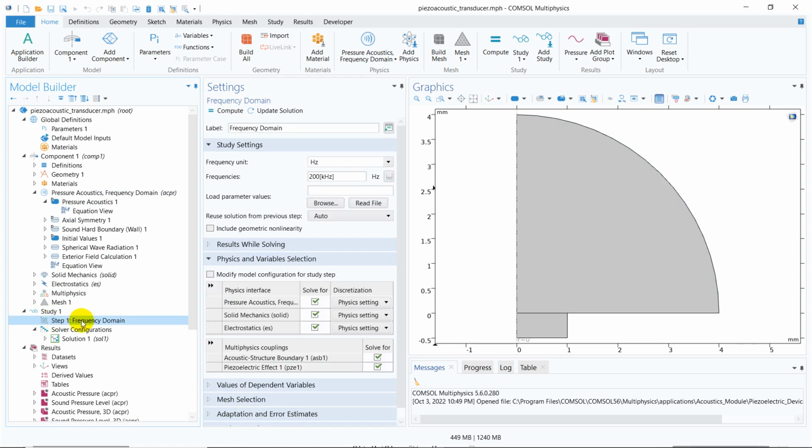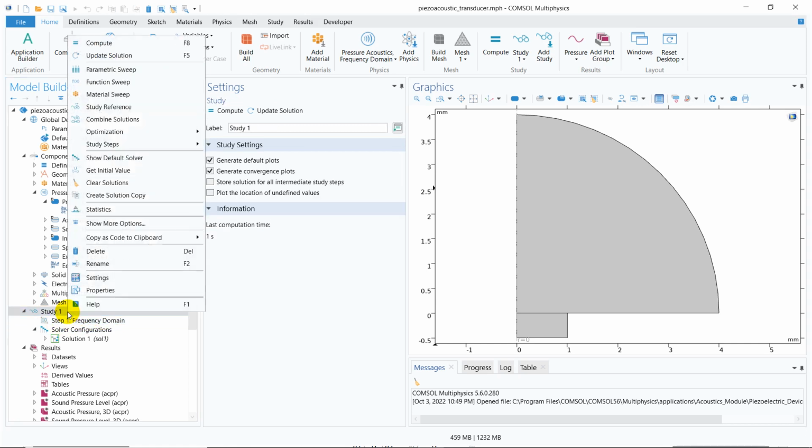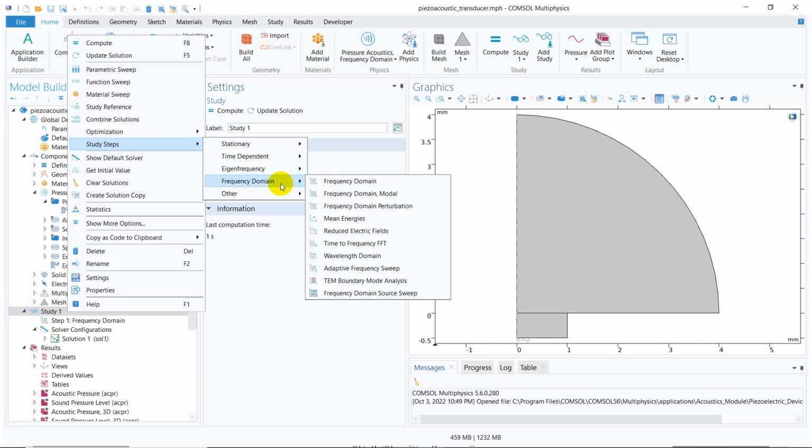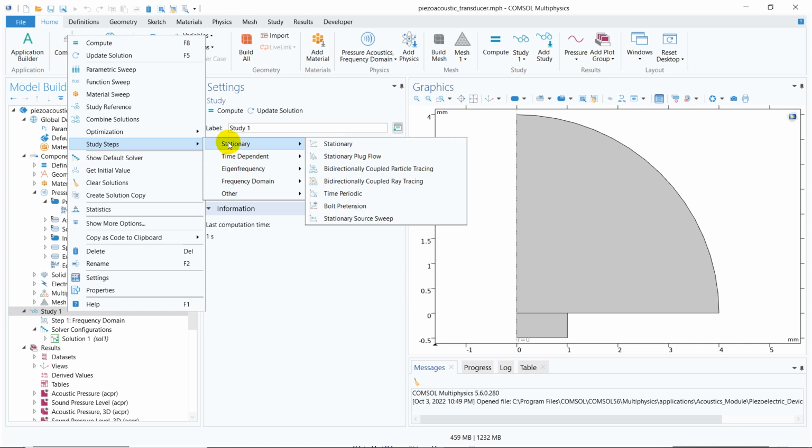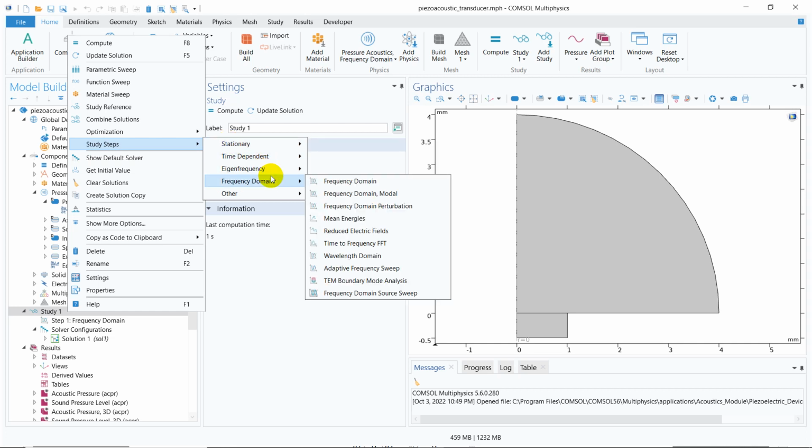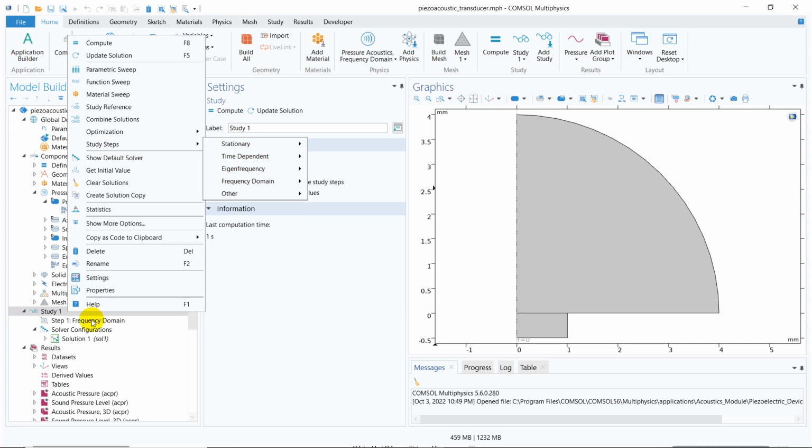Here you can see in step 1 we have the frequency domain solution. If you go to study, you will see in the study step you have this option, frequency domain. You have multiple options, and you have to understand which option to choose for the right physics. Here we are solving the frequency domain wave equation, so the default study should be frequency domain.